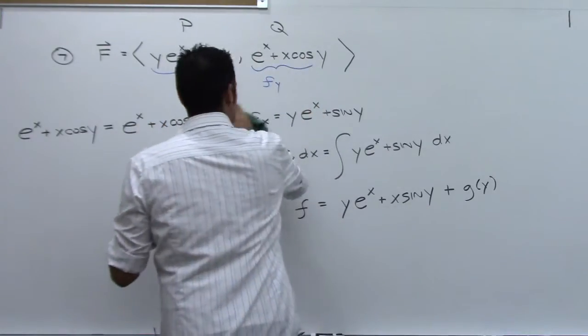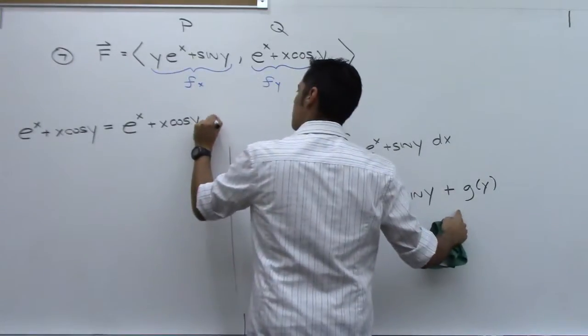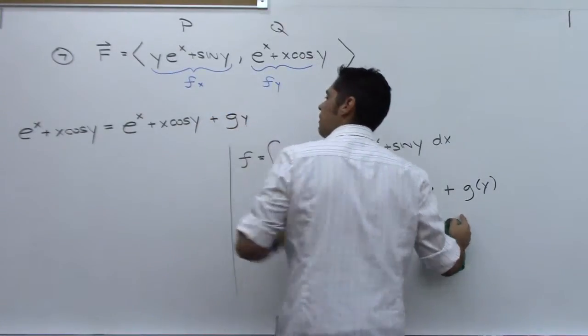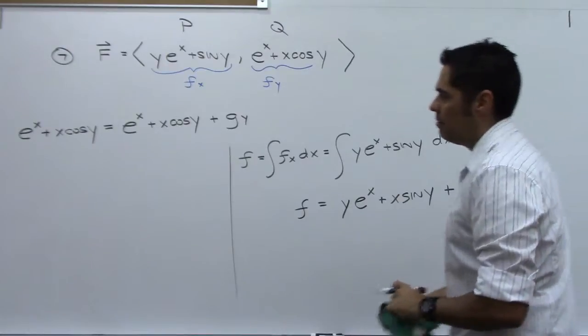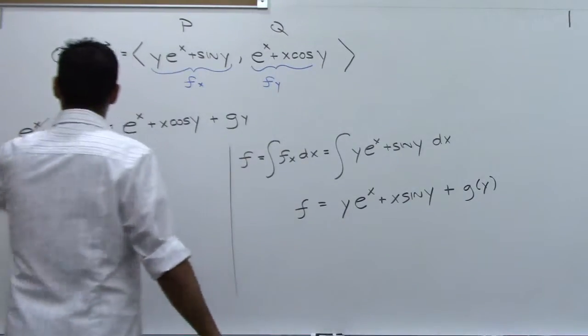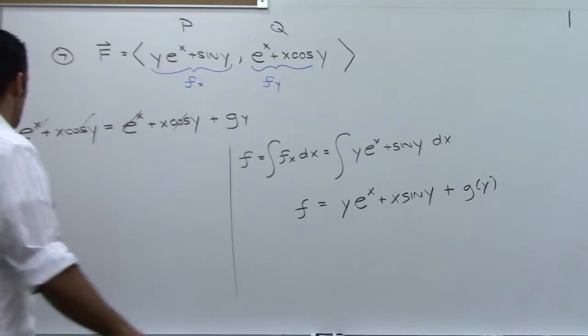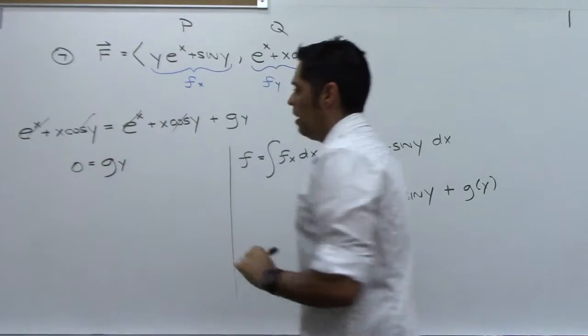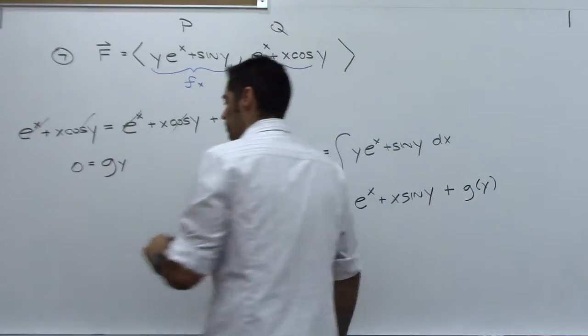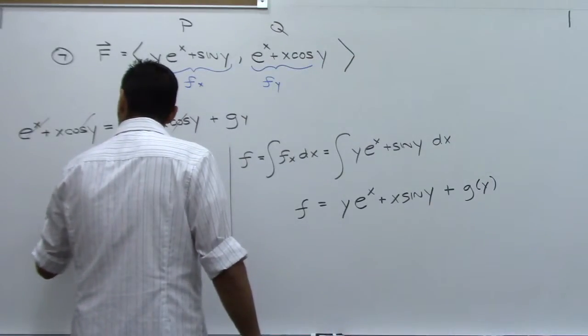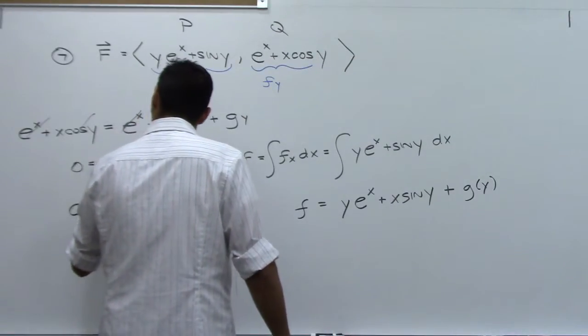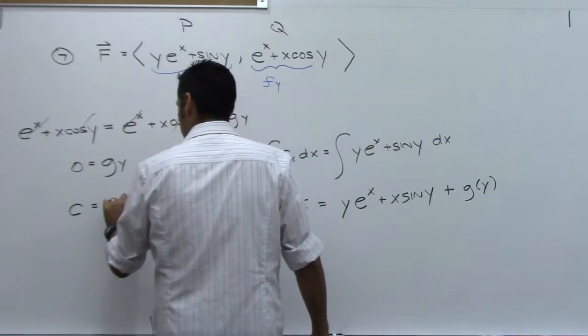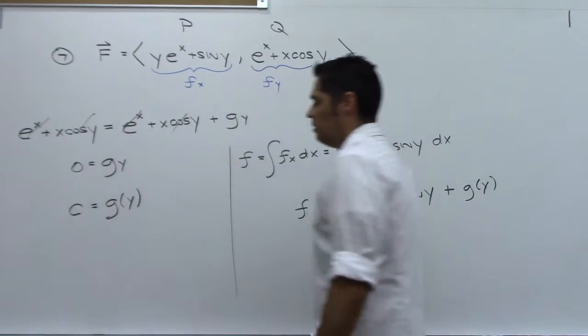And then plus the derivative of g with respect to y. And check this out, these cancel out on both sides. So that means 0 equals the derivative of g with respect to y. And the only way that's going to happen is if g of y was a constant.